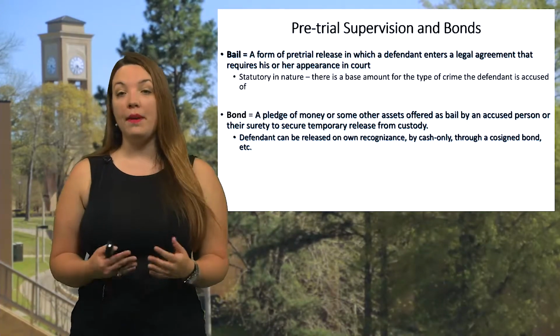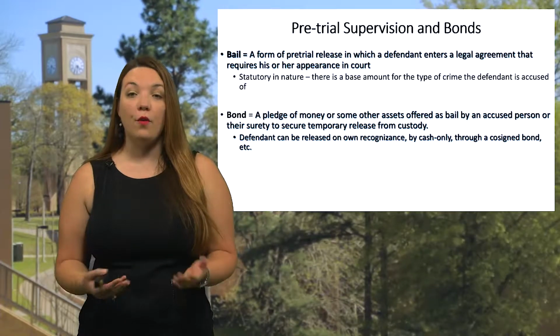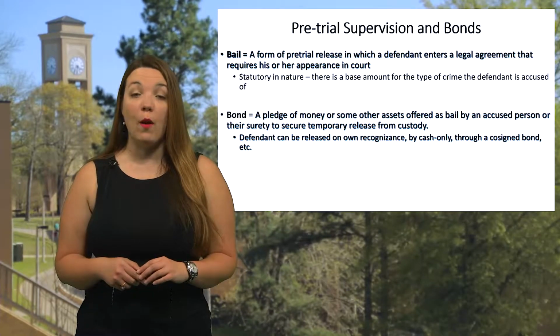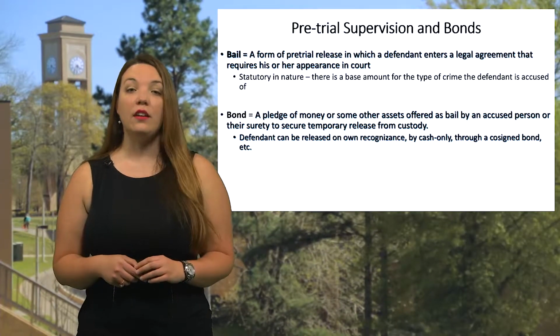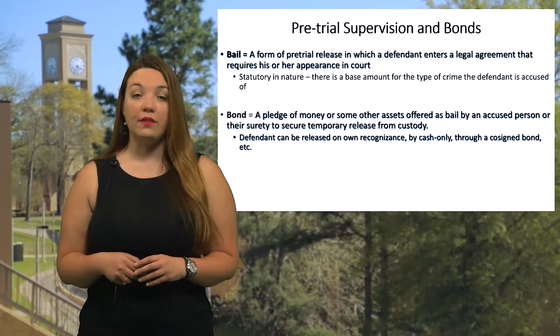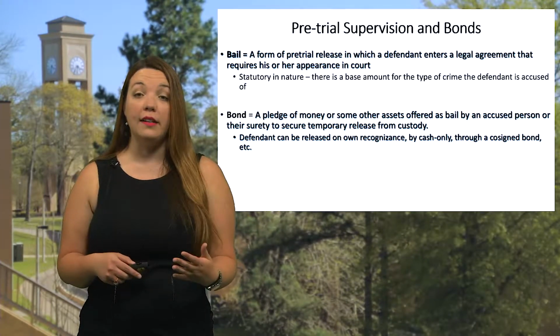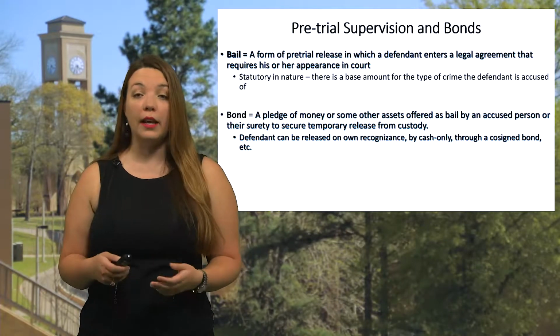You could also put up cash or collateral in a secured bond as well. If you cannot afford the bond amount, then you may be required to utilize the services of a bondsperson. In that instance, you would make an agreement with the bondsperson instead of with the court. The bondsman is responsible for the money if I run, which is why they normally use a bounty hunter to find you if you do run.